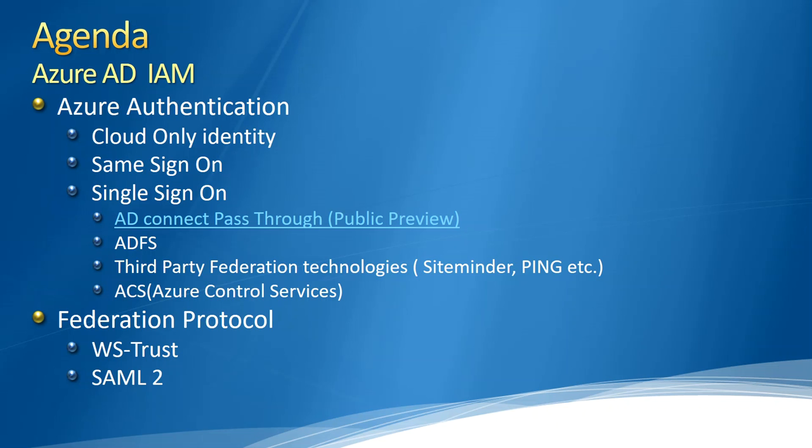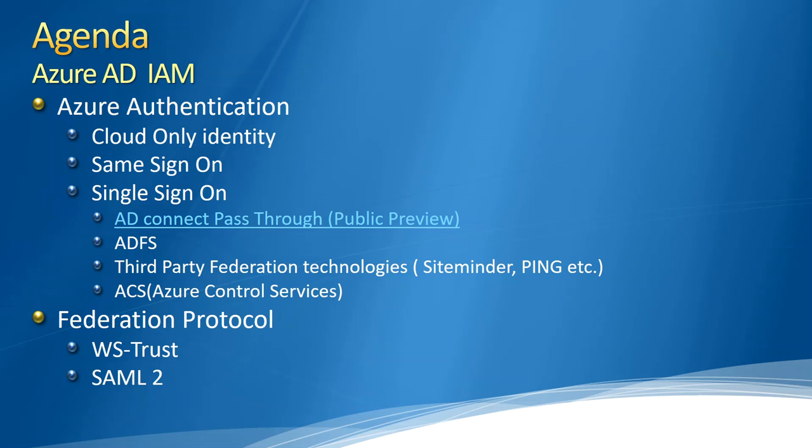That means the authentication is still happening in Azure AD. It's not coming back to on-prem where you have your identities. In the last session we saw the demo where we set up the same sign-on using Azure AD Connect. Azure AD Connect is the synchronization tool from Microsoft, which helps you synchronize your identity from on-prem into Azure AD.